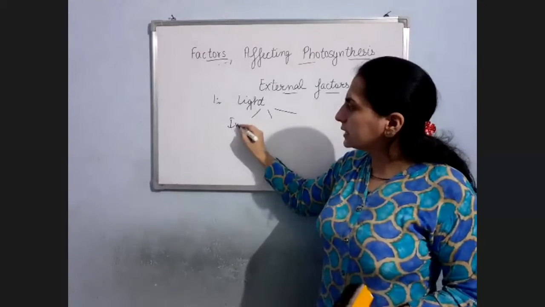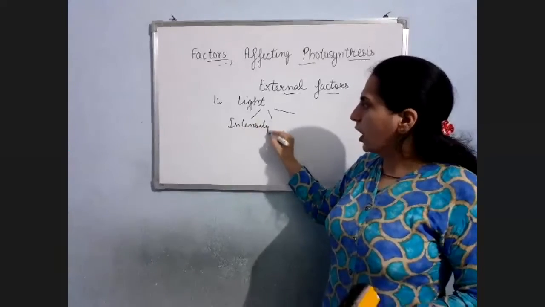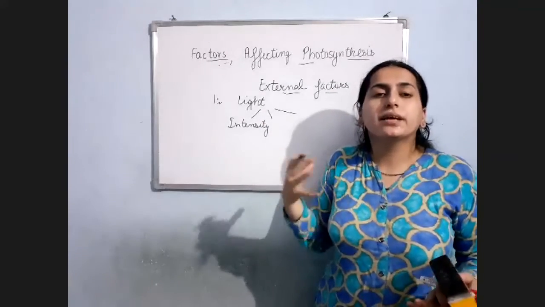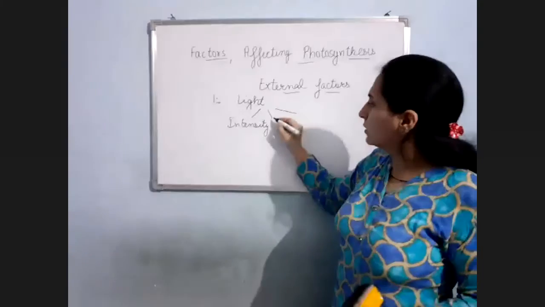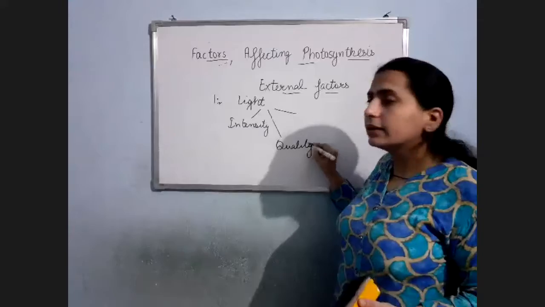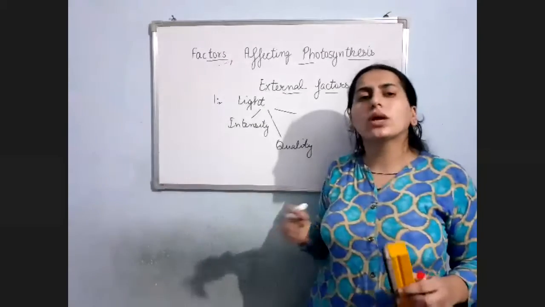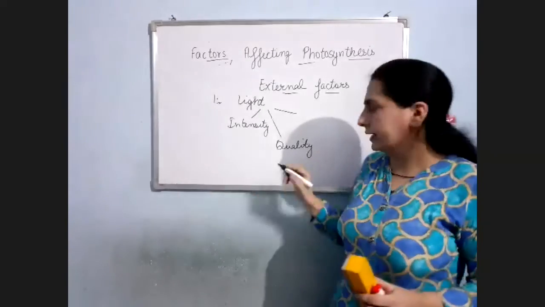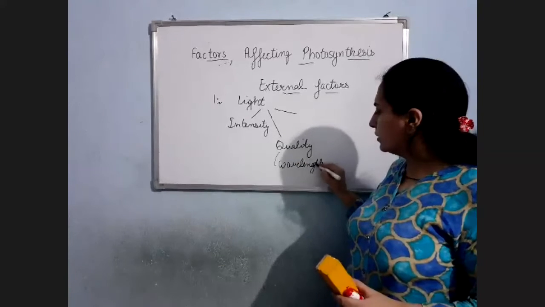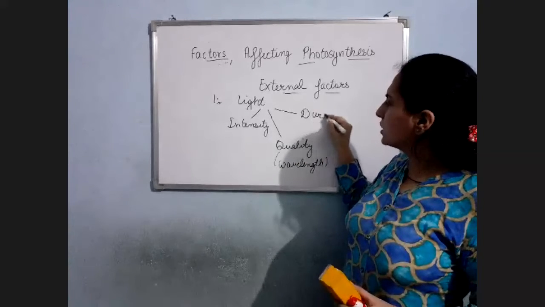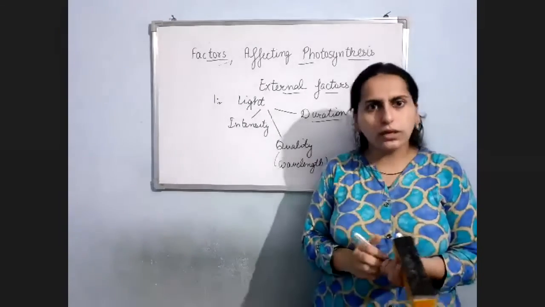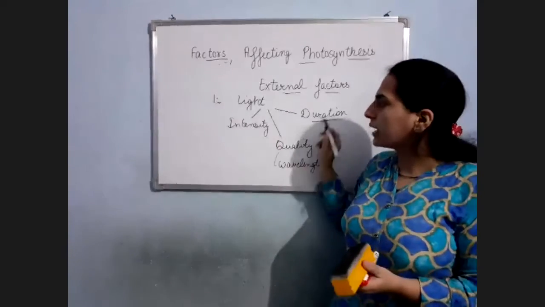Light intensity, how intense the light is, energy per unit area. Second is quality, what is the wavelength of the light. And last is duration. Duration is very easy to understand. Duration means time. Okay, now let us study these one by one.